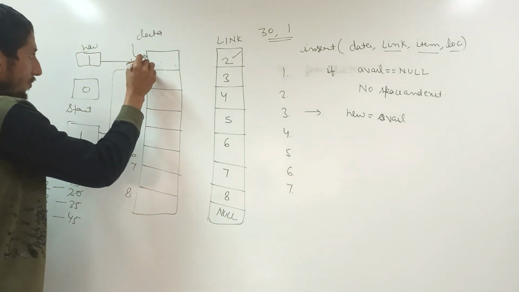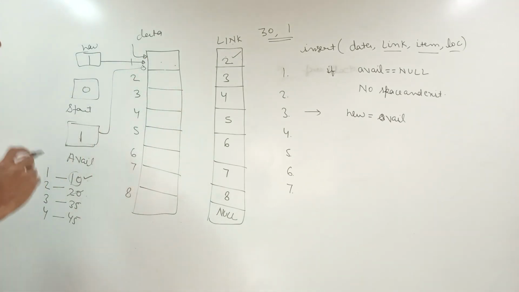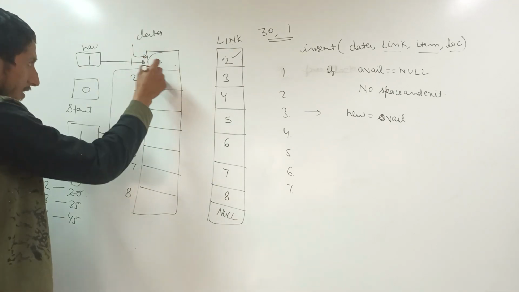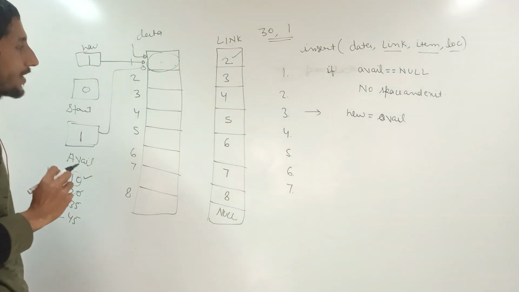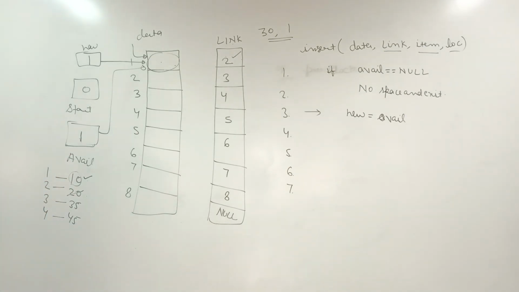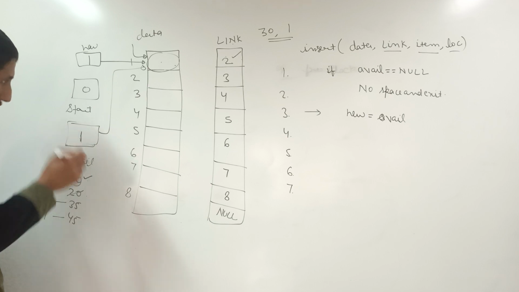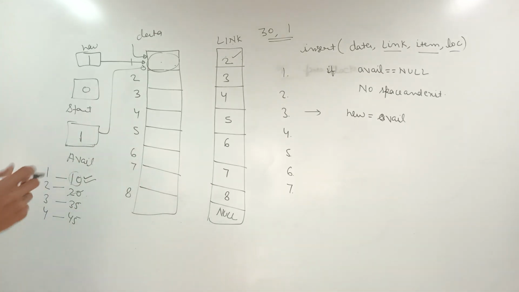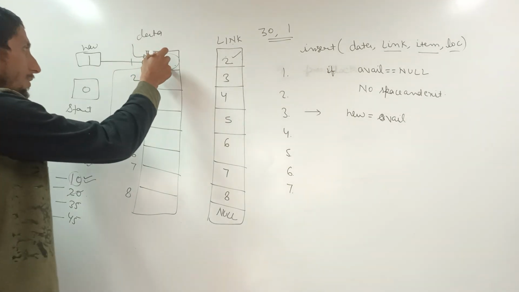It means new is also pointing to this position. So I will take control of this block and I will use that. Are you following this? The role of avail becomes over for this particular value. But the next time I want to insert an element, block number 1 will not be available.